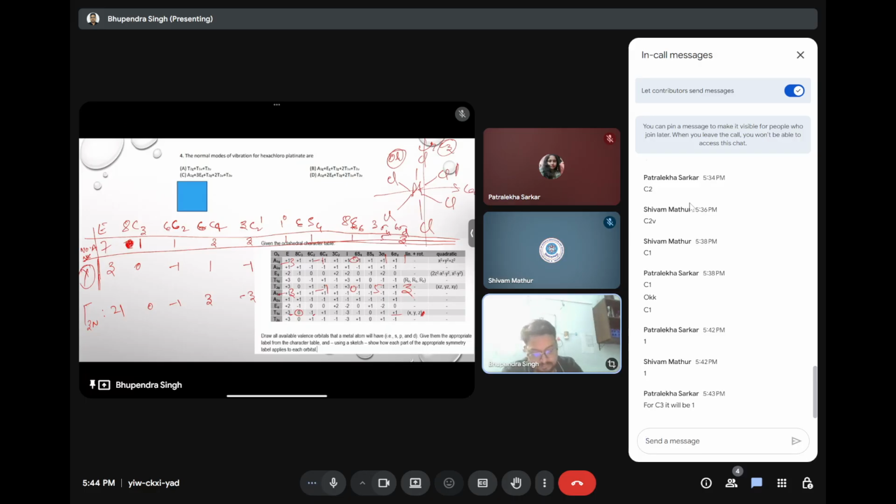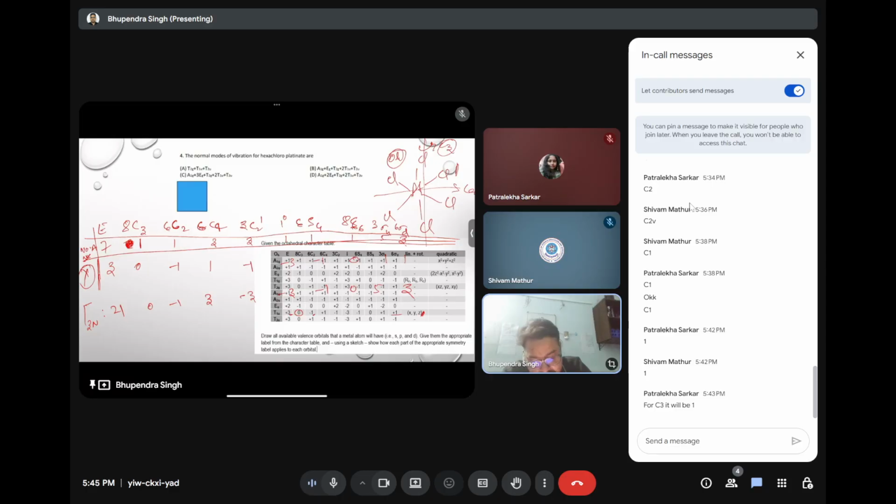So the question is, if you look closely, this is a long question because there are a lot of Mulliken symbols. If you try to solve each one of them, it will take around 20 minutes, but what I can tell you is that you can solve for A1g.